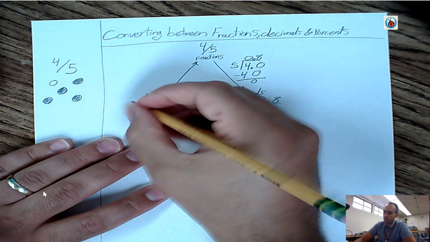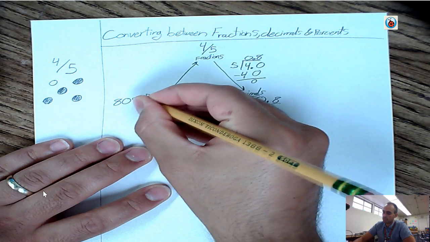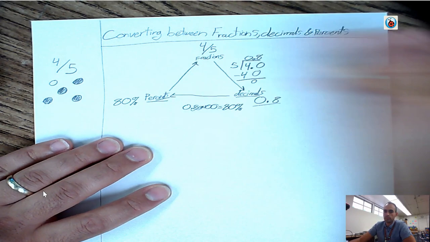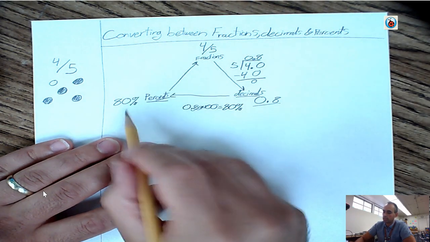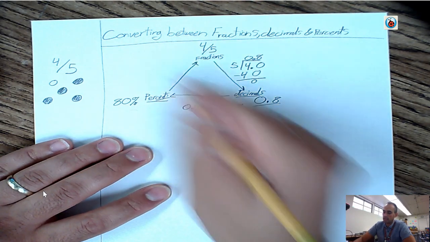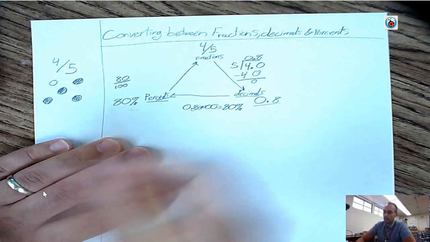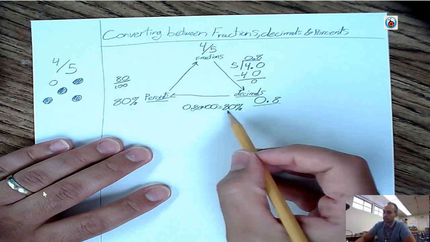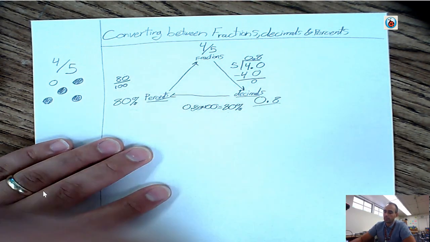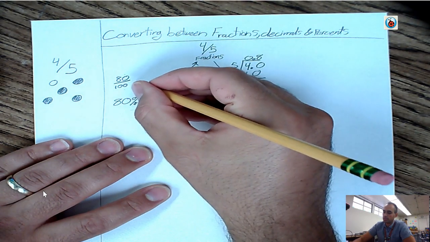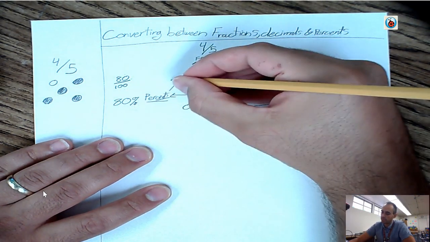Now, I want to take my 80%, make it go back into a fraction. I need to write this as my percent, which was 80 over 100. Remember, 80 over 100, 80% per 100. I take my 80%, I go ahead and I simplify.